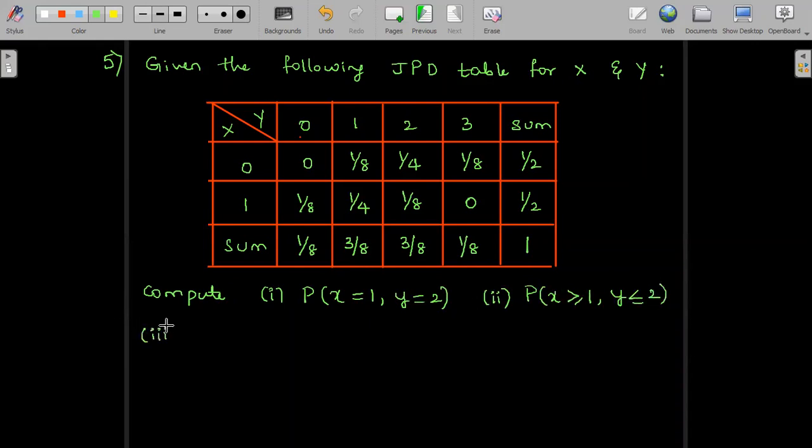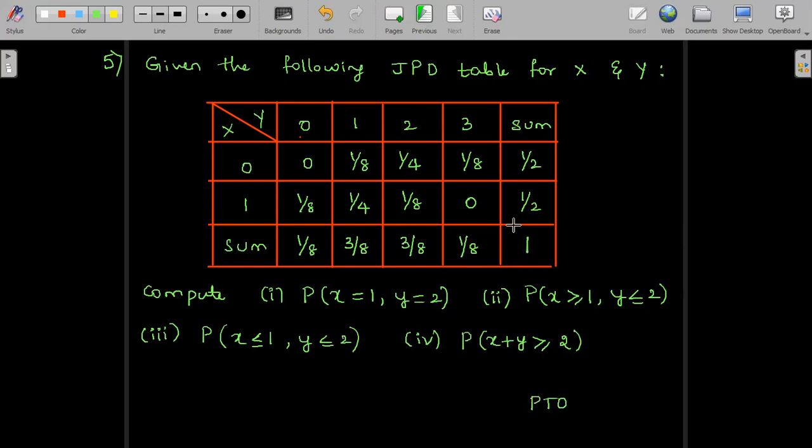Thirdly, probability of x less than or equal to 1 and y less than or equal to 2. And the fourth and last part of the problem, probability of x plus y greater than or equal to 2. So given the joint probability distribution table, we have to find these things.